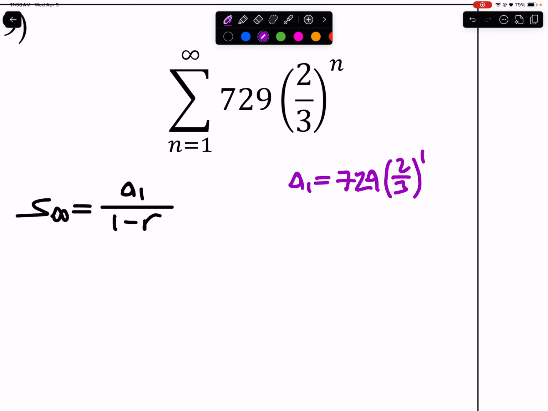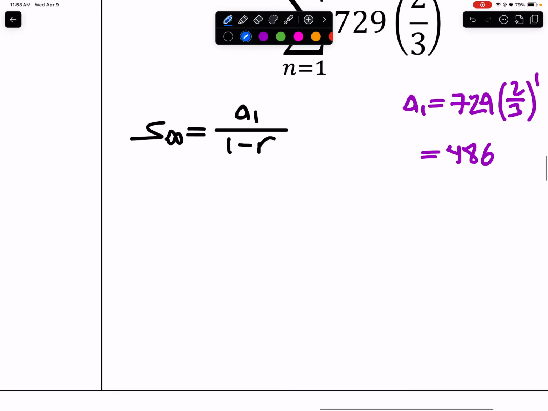That means the first term is actually going to be 486. So now I can plug in. So I'm going to do 486 over 1 minus my r value, which is 2/3. Not tangent, hello. There we go.